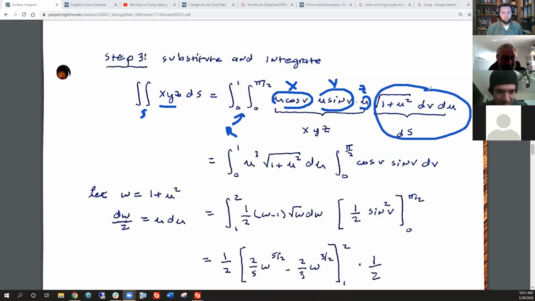At this stage, it's just about integrating your way through, just a whole bunch of writing. So that's the basic gist. We'll work through the details of this one at the beginning of class tomorrow. But that's your introduction to parametric surfaces and surface integrals.